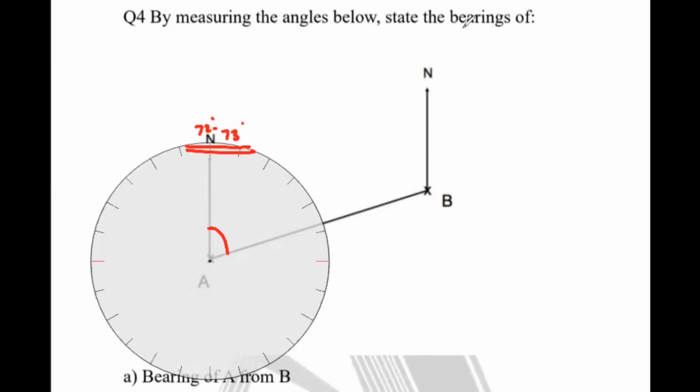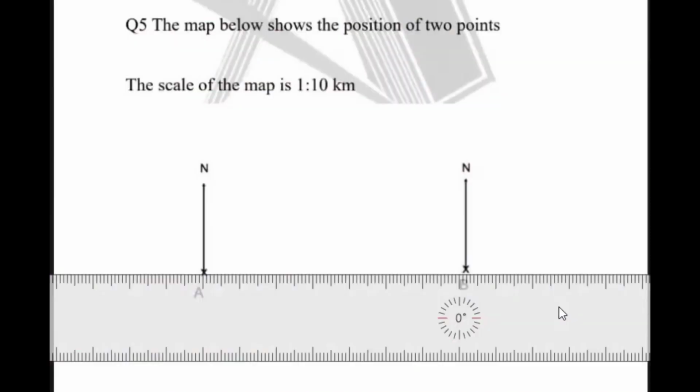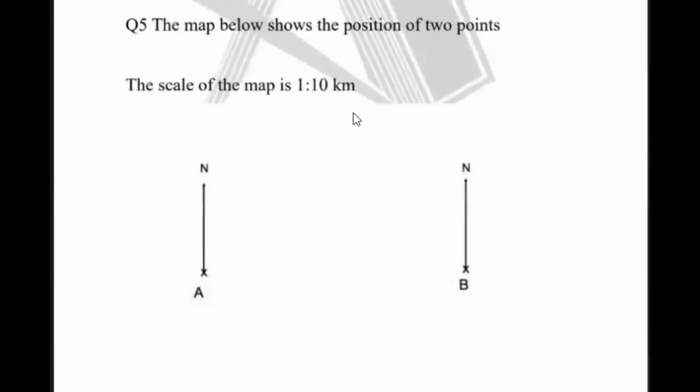Now moving on to the next one. The map below shows the position of 2 points. The scale of the map is 1 to 10 kilometers. Part A says find the actual distance between A and B. That means first we have to measure with the help of a ruler. We'll get to know that this is 7.4 centimeters.